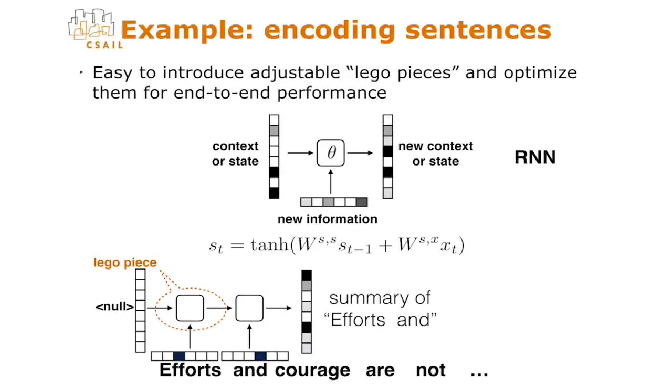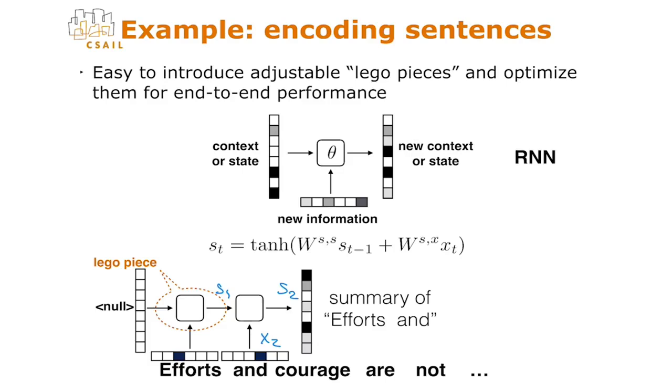We can apply the box again. As a result, we have x2 here, we have S1 that we had previously calculated, we have a new word, and we combine the previous state, the new information represented by the word vector x2, and what we get here is S2, a vector that is now supposed to summarize what the beginning of the sentence efforts and should be as a vector.